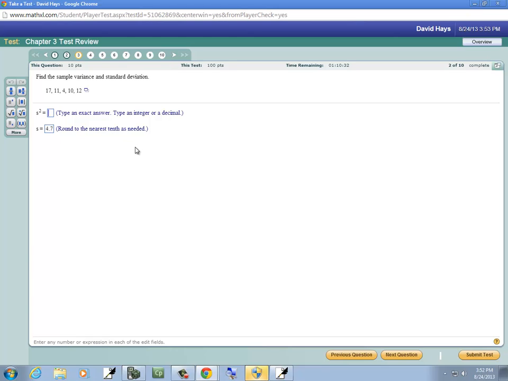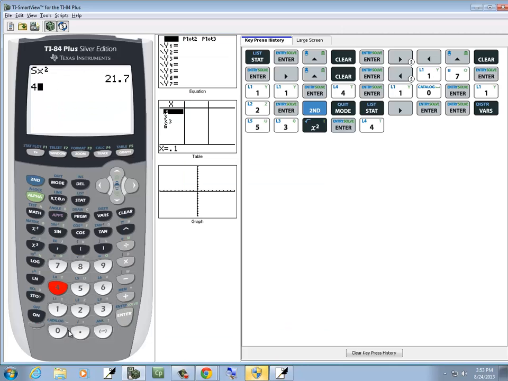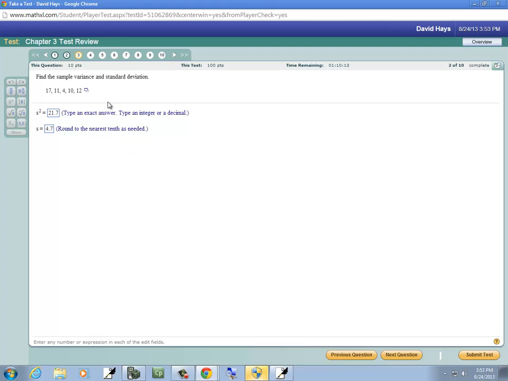Type an exact answer. 21.7. Now notice this squares the original sample standard deviation. It doesn't square 4.7. If I did 4.7 squared and press enter, then I get that. You should always go back to your original before you round it when you're finding the variance. Okay, next question.